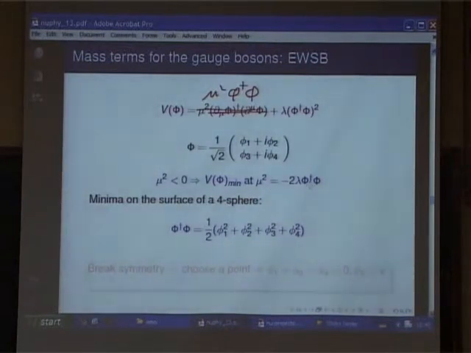So what is this condition? If I see what phi dagger phi is in this state, it's actually phi 1 square plus phi 2 square plus phi 3 square plus phi 4 square. So what I have been given is this quantity equal to a constant. That's a 3-sphere.